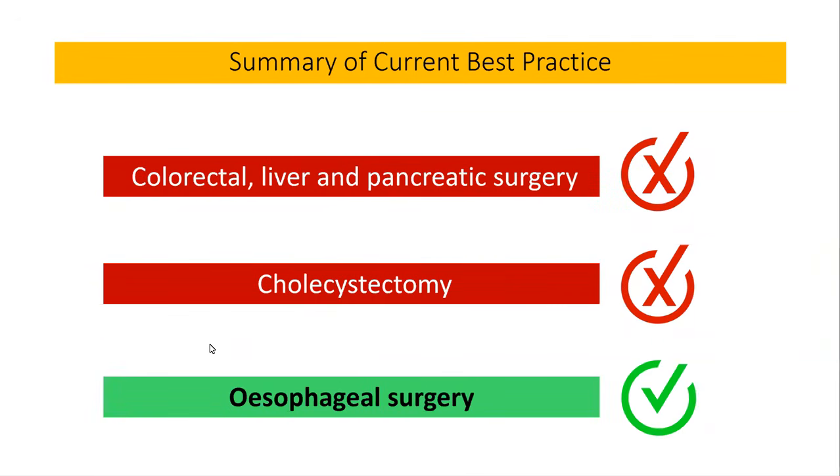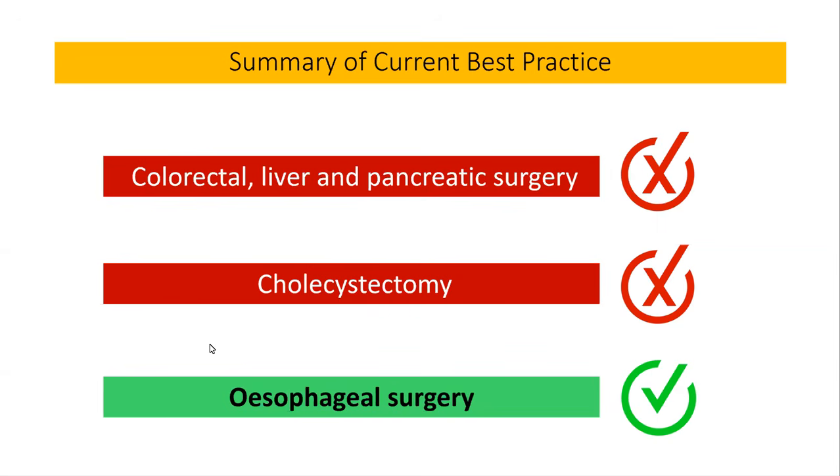So just the review of randomized controlled trials, that again, drains are not required in colorectal, liver, and pancreatic surgery, and yet in today's practice, the majority of surgeons will still utilize drains, and this is not correct. Again, there is insufficient evidence showing that routine drainage after colorectal anastomosis prevents anastomotic leak and other complications.